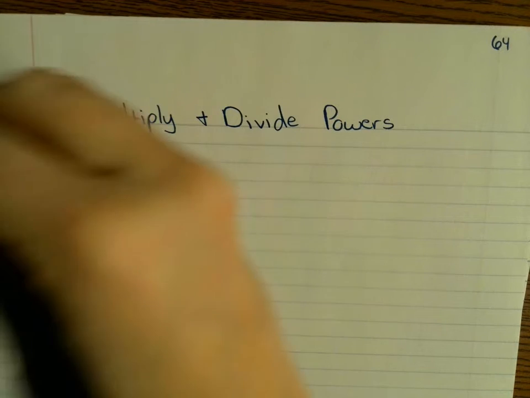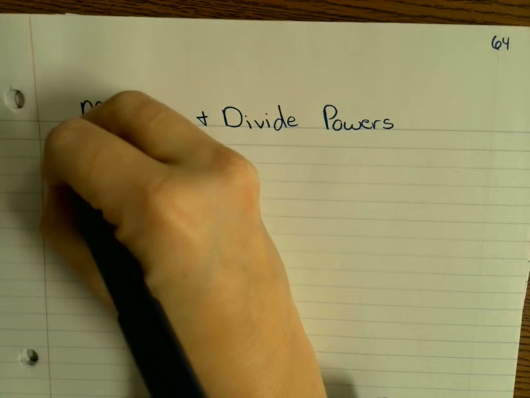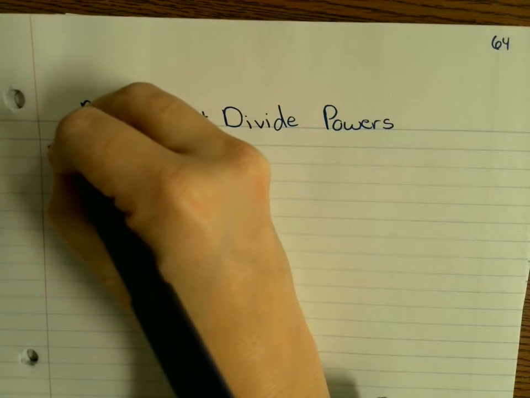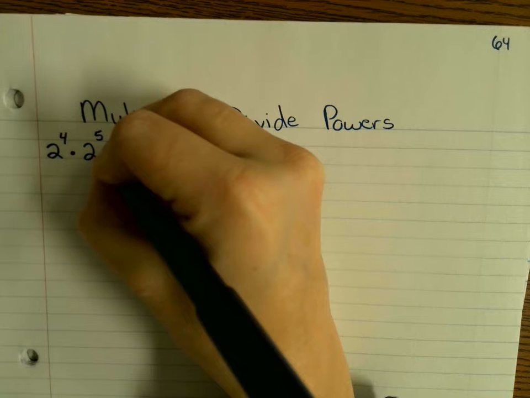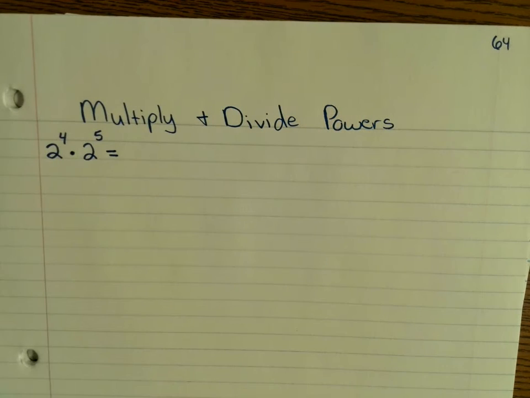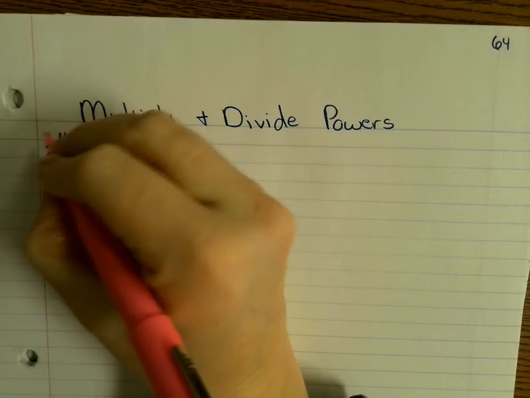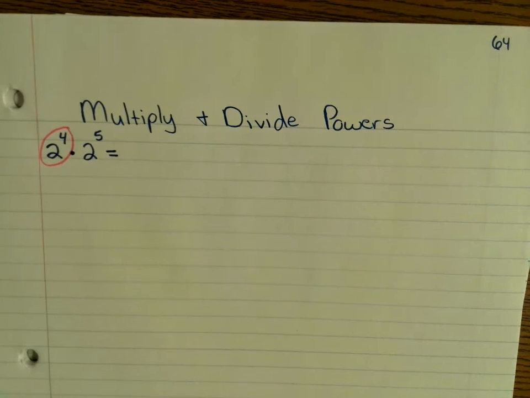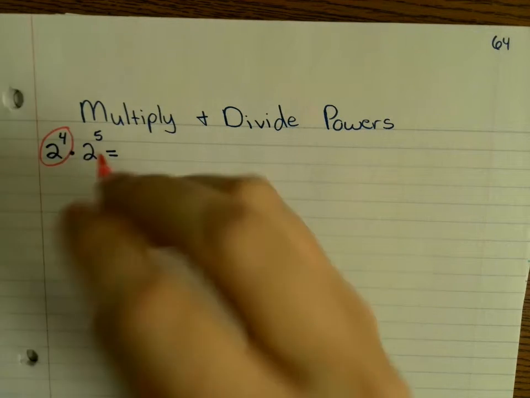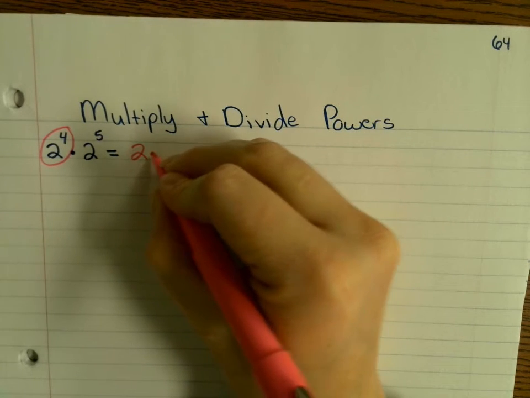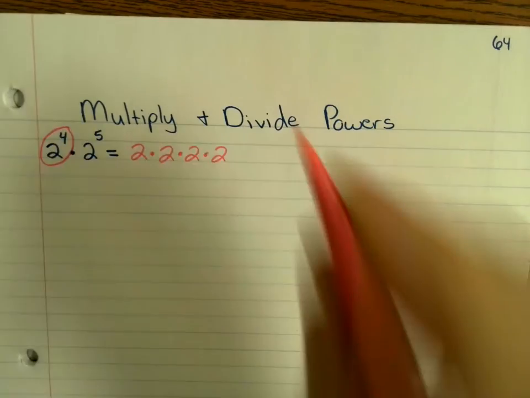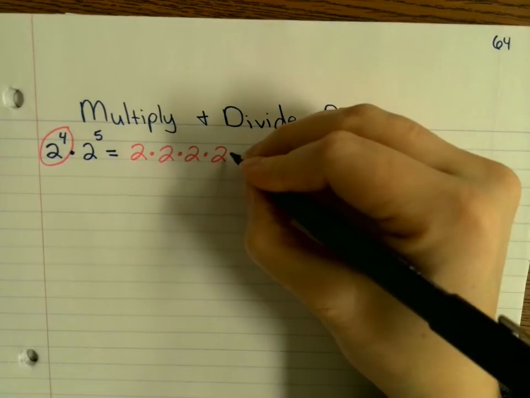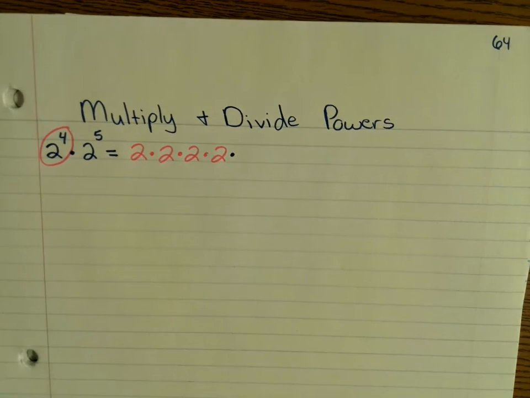Okay, so if we take a look at something like the following, if we have 2 to the 4th and we want to multiply it by 2 to the 5th, if I were to write this out longhand, 2 to the 4th expanded out would be 2 times 2 times 2 times 2, and then I'm multiplying it by 2 to the 5th power.